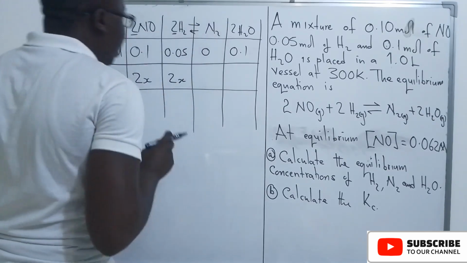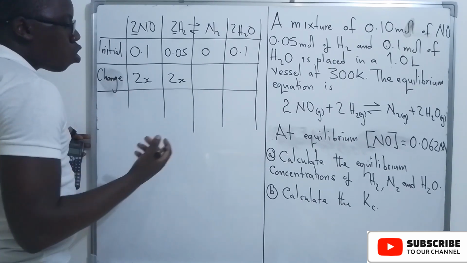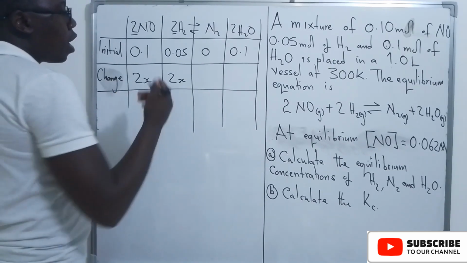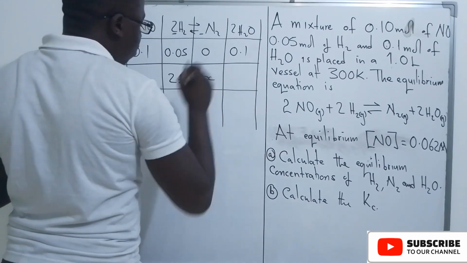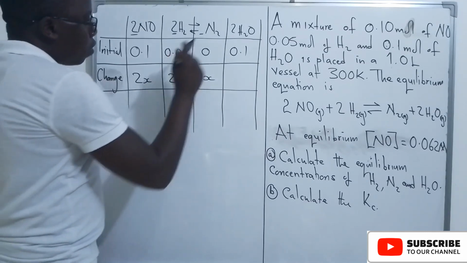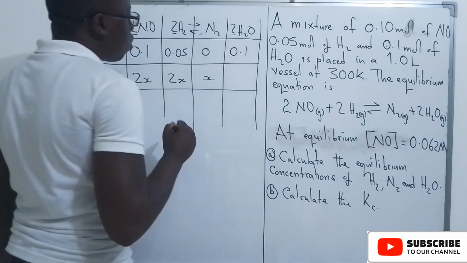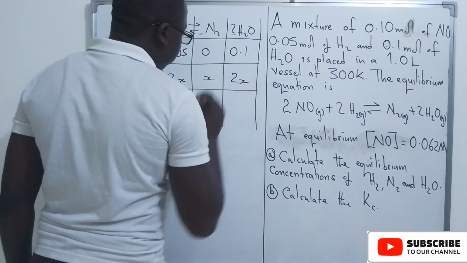For nitrogen, initially there was no nitrogen, and the coefficient here is 1, so we are simply saying for nitrogen the change will be x. Then for H2O, because we have 2 there, the change will be 2x.